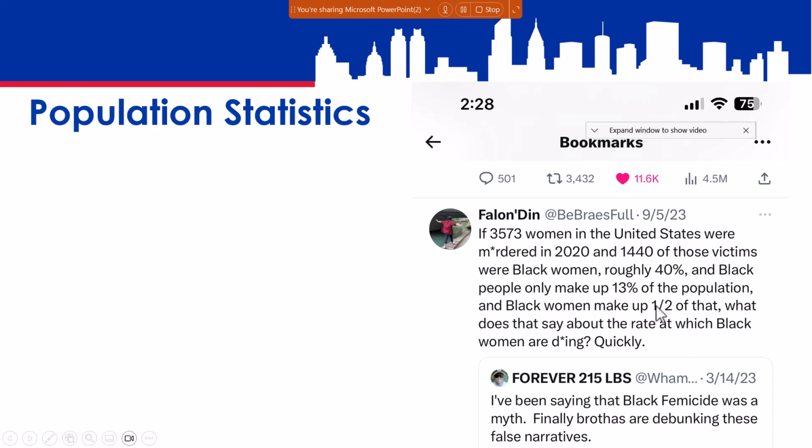So now we can say that we know this is wrong, because he's trying to say that half of the Black population are in this data, but it's only 1,440. He made a point here that Black women are 40%, but this 40% isn't half of the Black women population.